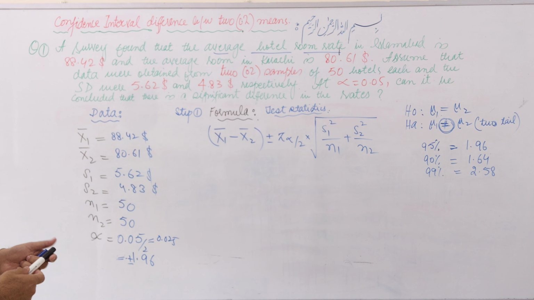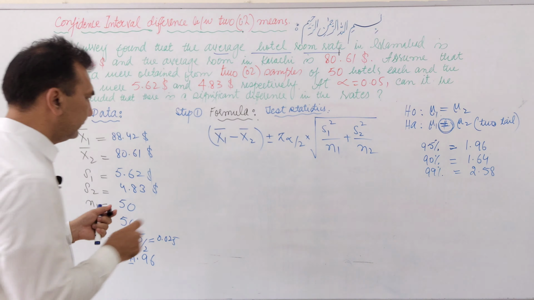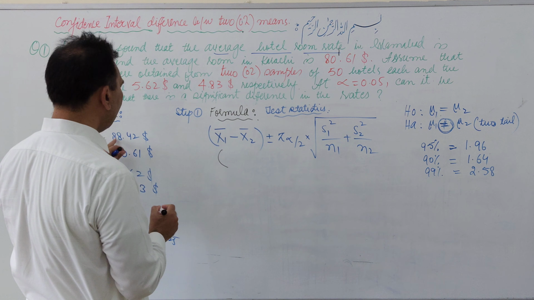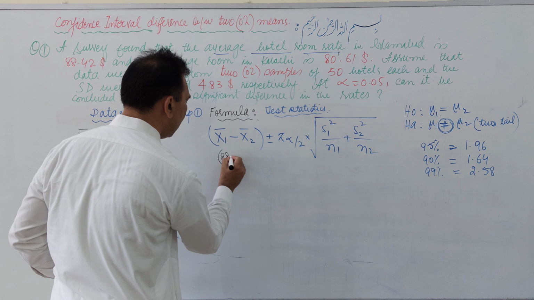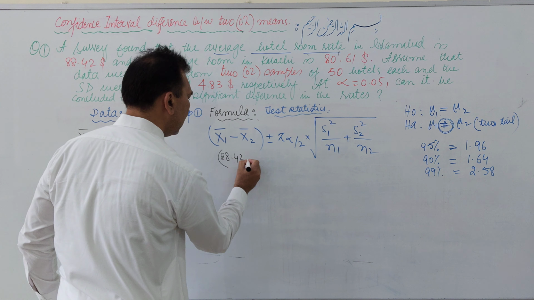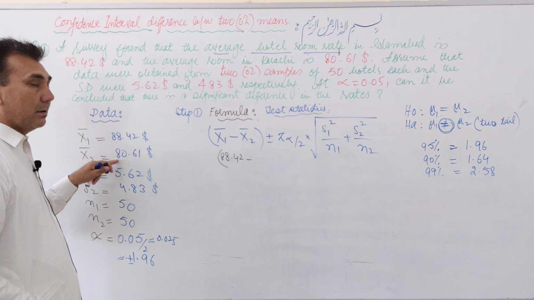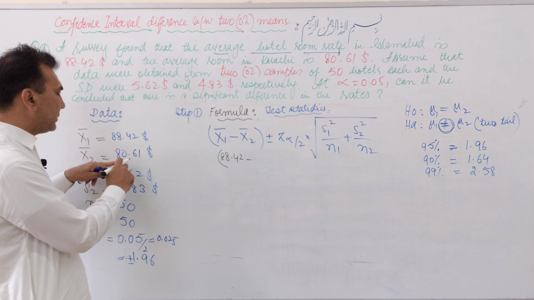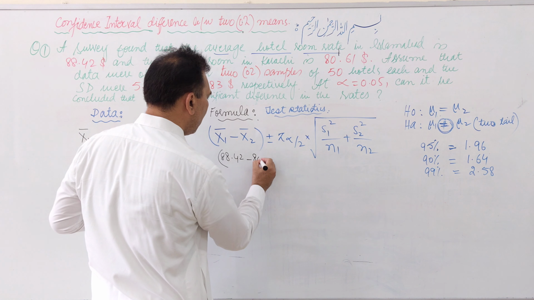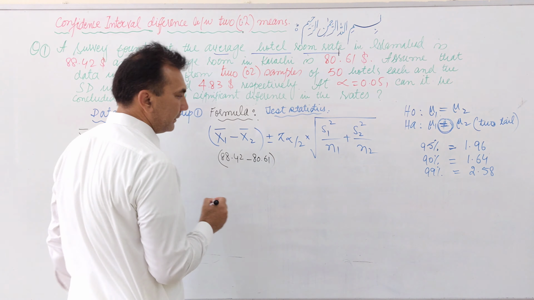Now what is x1? The value of x1 is 88.42, and what is the sample mean of the Karachi room rate? The average Karachi room rate is 80.61 US dollars.